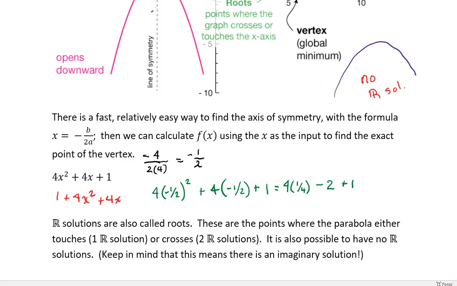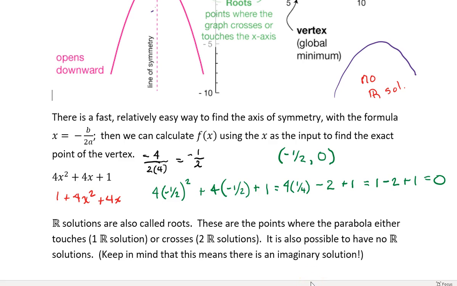This becomes a 1, so I have 1 minus 2 plus 1, which is going to equal 0. So my ordered pair here is going to be negative 1/2, 0. That is the point of the vertex.